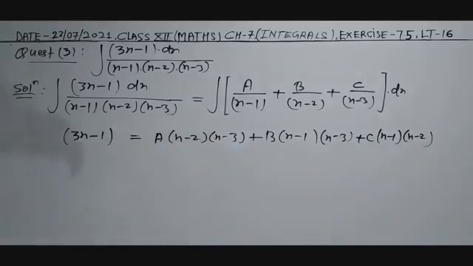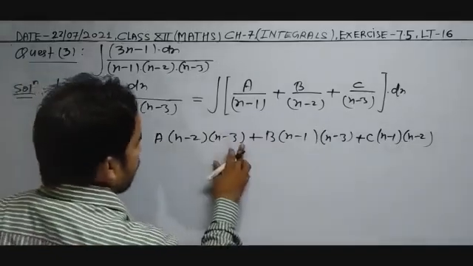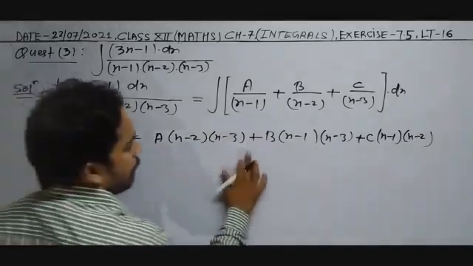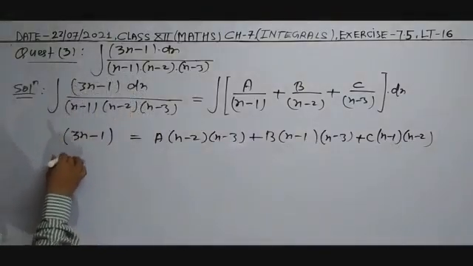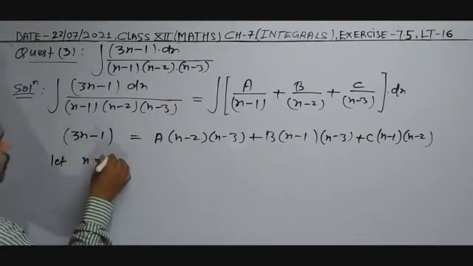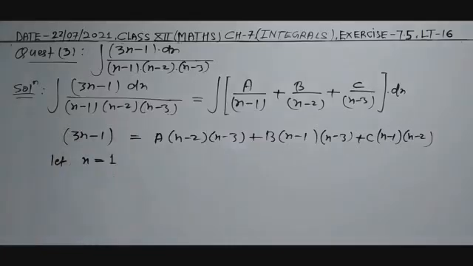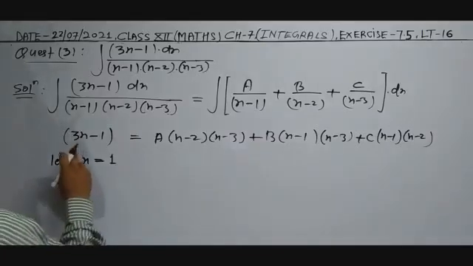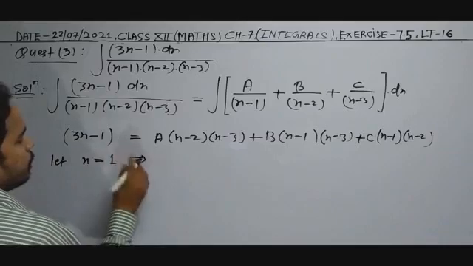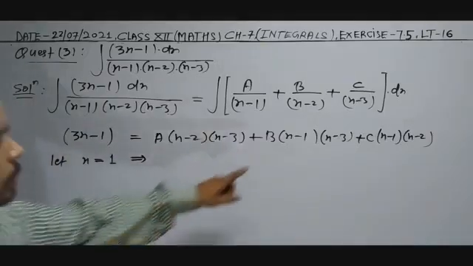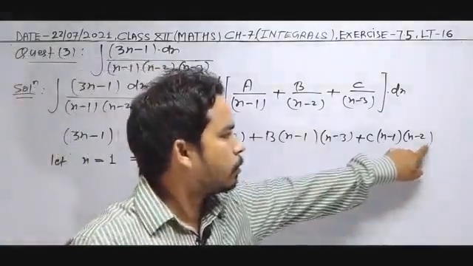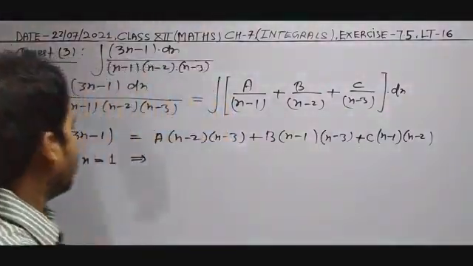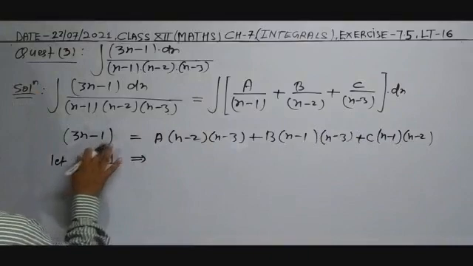Suppose we have to find the value of a. Let x equal 1. When you consider x equal to 1 on both sides, the terms with b and c will cancel out, since 1 minus 1 is 0.